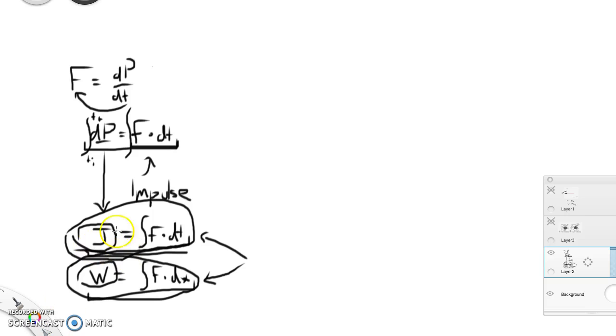So anyway, impulse then is equal to the integral of F dt, and an integral, if we remember from previous discussions, is equal to the area under a curve.